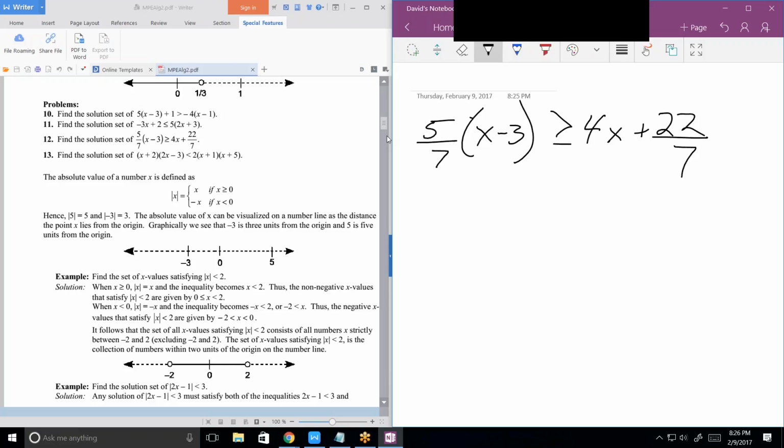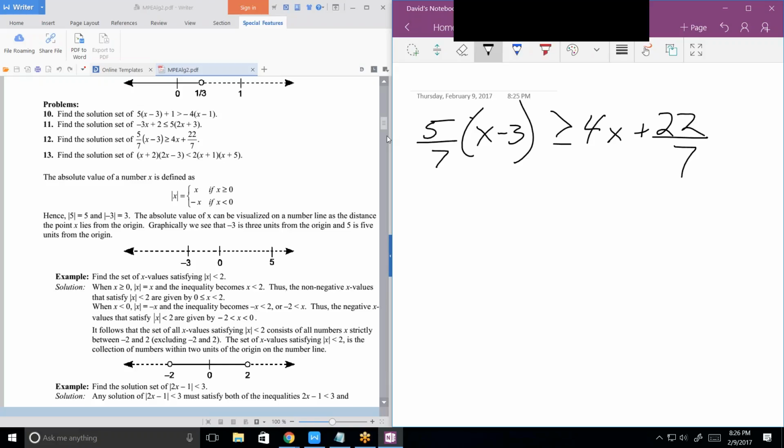I would say try and get rid of the denominator of the fractions. Very good. In other words, a mistake would be to distribute the 5/7. Because then you're just going to have more complicated fractions. Notice you're going to end up with a minus 15/7 on the left. At least I think that would be a mistake.